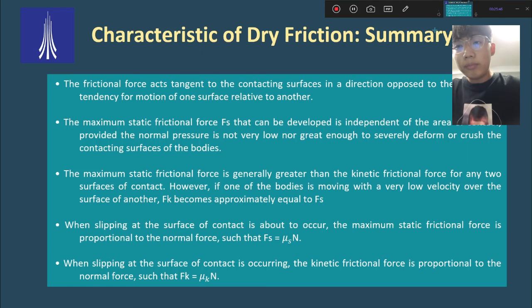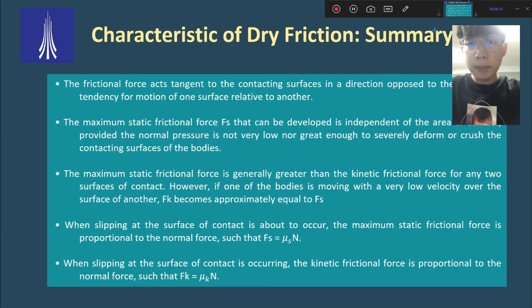Moving on to the next point, when slipping at the surface of contact is about to occur, the maximum static frictional force is proportional to the normal force, such that Fs = μs N. That's simple.